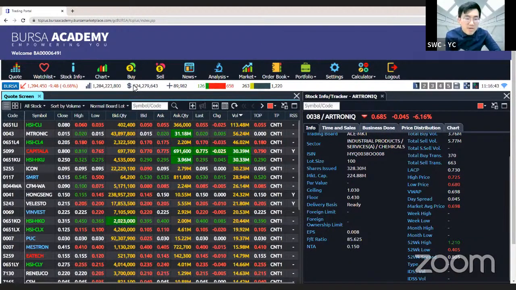Sometimes you can see the volume is low, but the value is very high. What does it mean? It means that today the active counters are the big cap counters, the KLCI component counters. Usually in that kind of market, it is the funds, like EPF, those fund people, who are supporting the index.